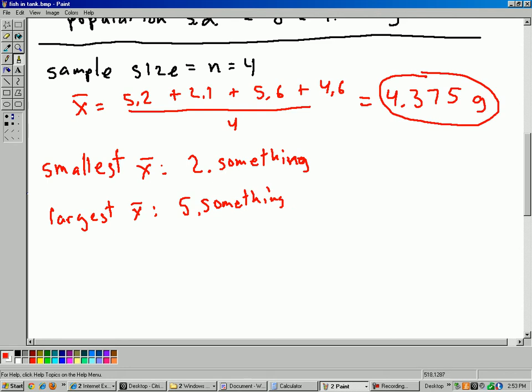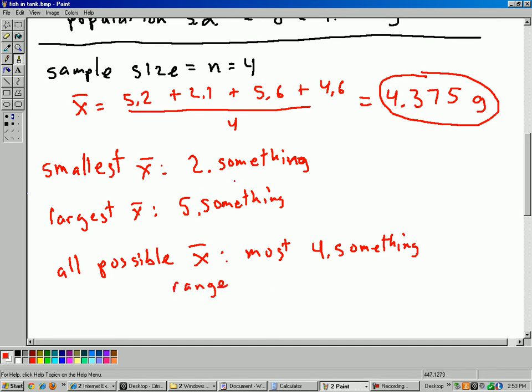So if I look at the entire distribution of all possible x bars, most of them would be around 4 point something, because our population mean is 4 point something. But it will range from 2 point something to 5. I'll just say 2 to 5.